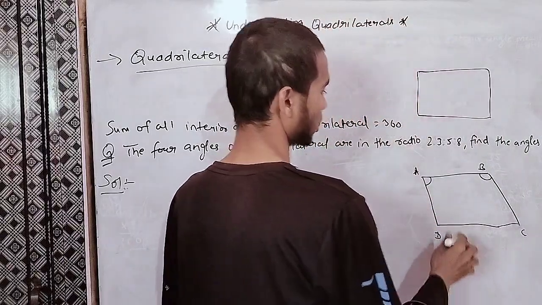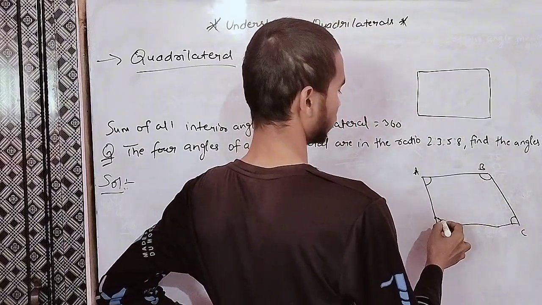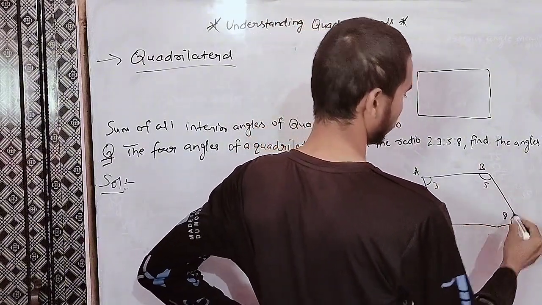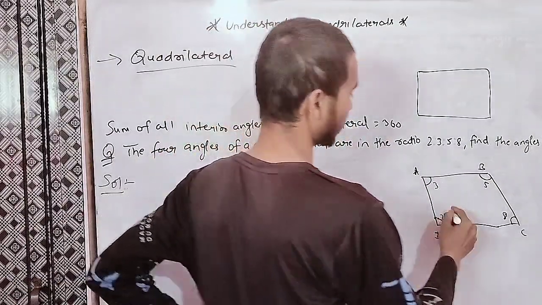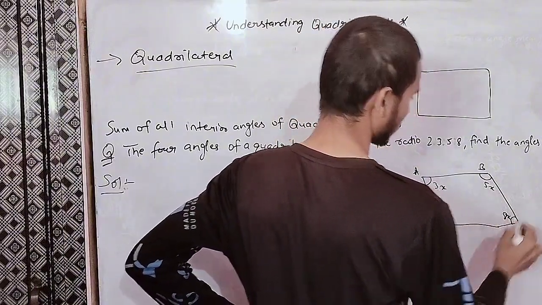These are sides; we are talking about angles. 2, 3, 5, 8. But we don't have the exact value of these angles. That's why we will apply x.